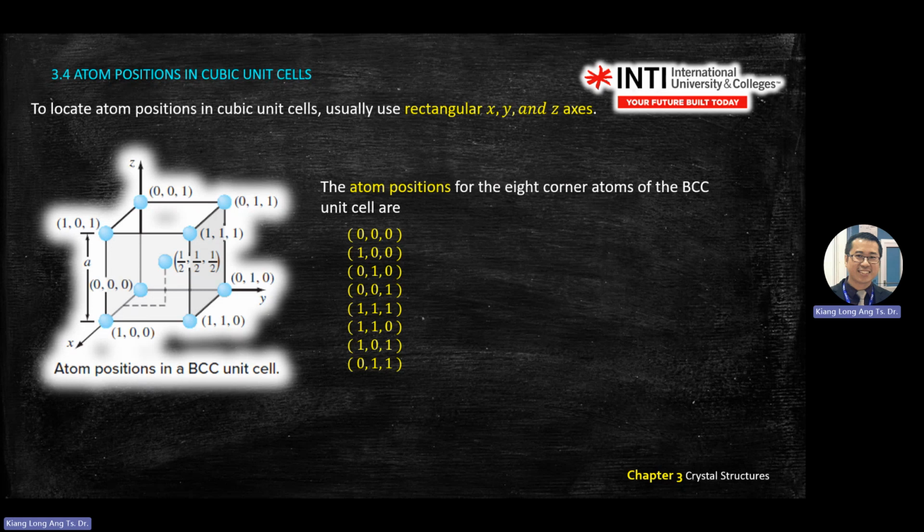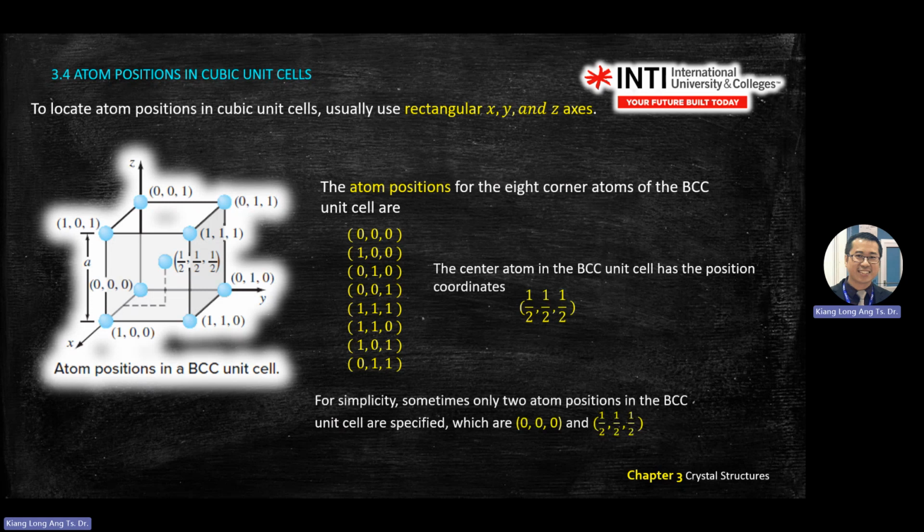So I will tell you in the question to identify the maximum sphere radius that can fit at the location half, half, half. It means I ask you to find the sphere that can fit inside the cube. This is the application when it comes to questions. So the center is half, half, half.